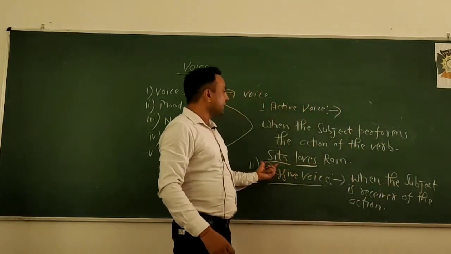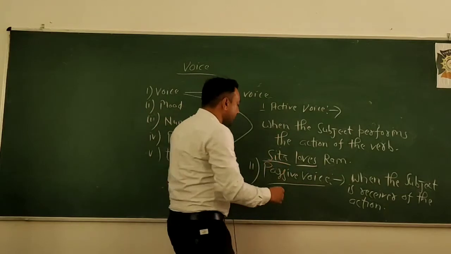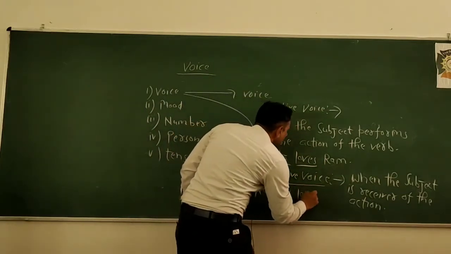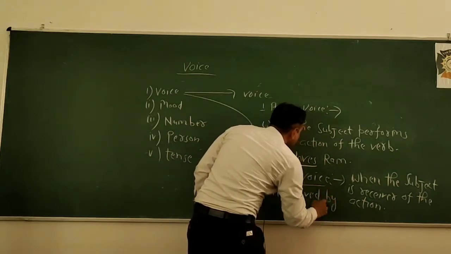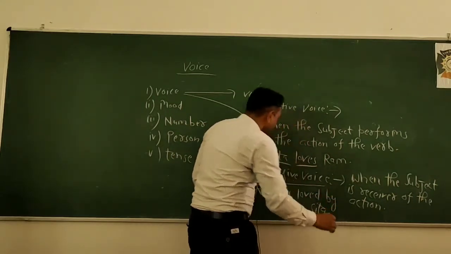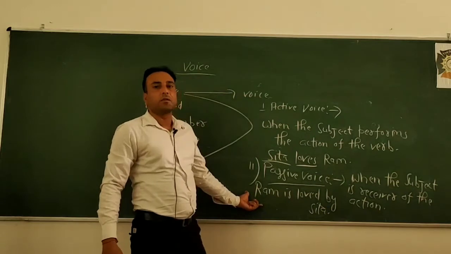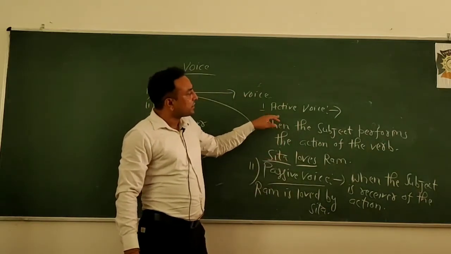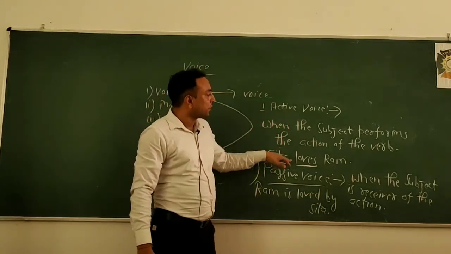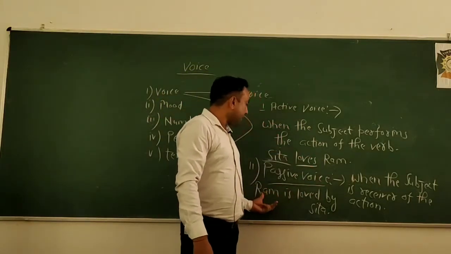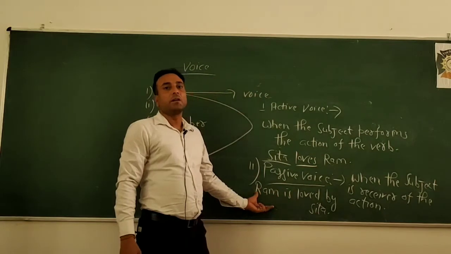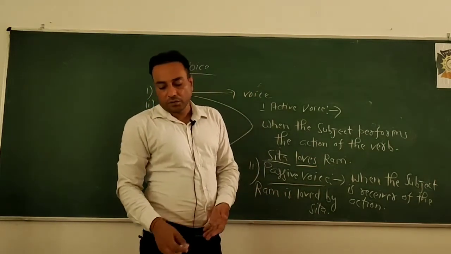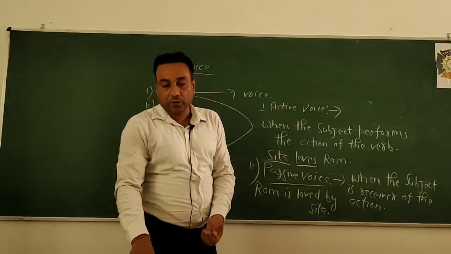Here I will change it into passive voice. Ram is loved by Sita. So Ram here is the receiver of the love of Sita. In the active voice, the subject performs the action of the verb. Sita is performing the action of love, and here Ram is the receiver of the action of love by Sita. So I think the definition of both active and passive voice is clear to you.